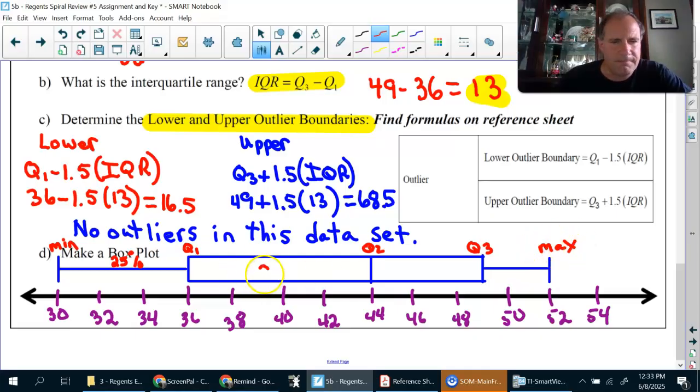Each one is 25%. So if they ask you what percent of the data is between quartile 1 and quartile 3, you say 50% of the data is between quartile 1 and quartile 3. If they ask you what percentage of the data is between the max and Q3, it's 25%. And that is finished.